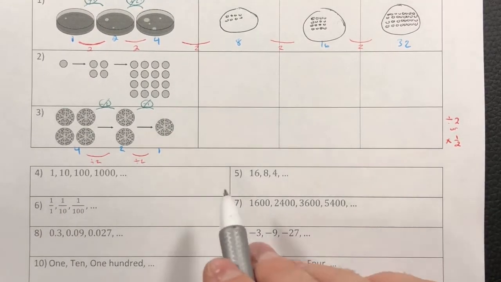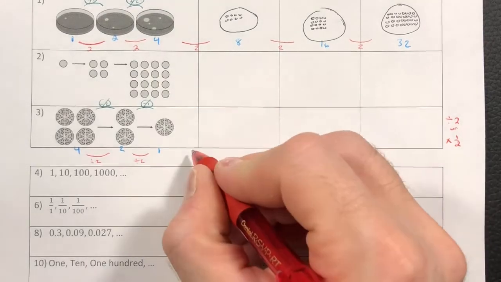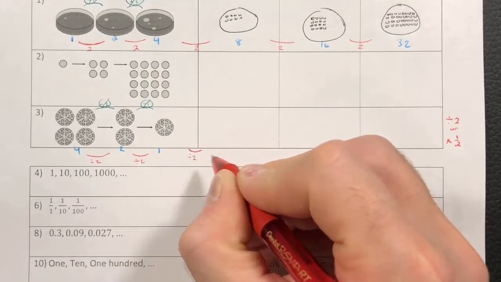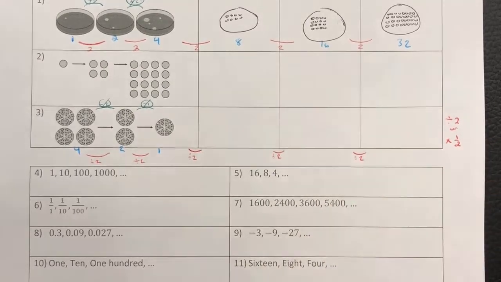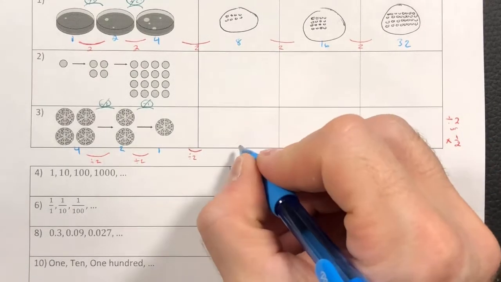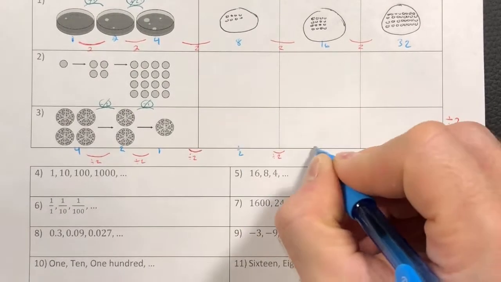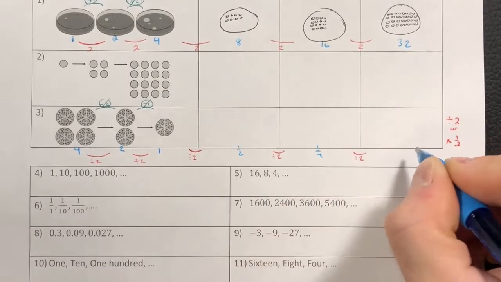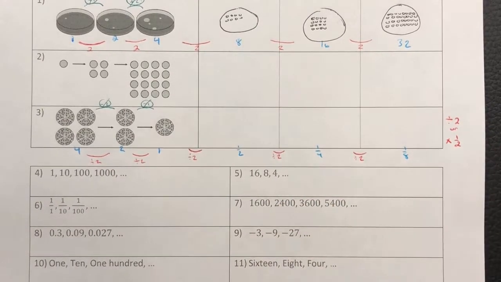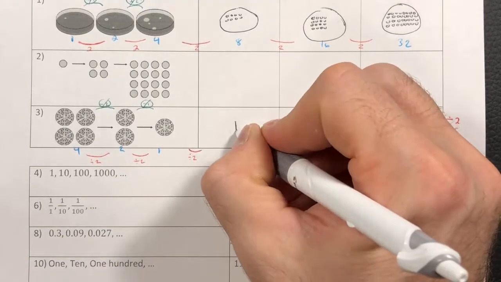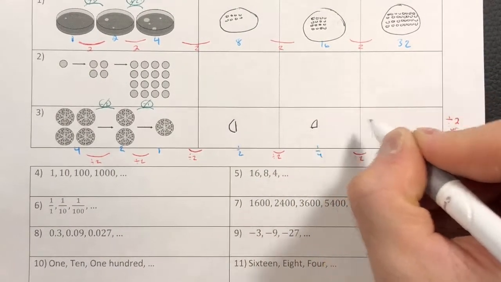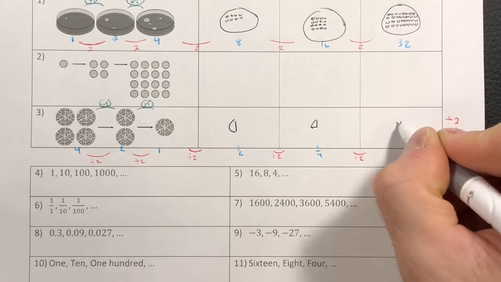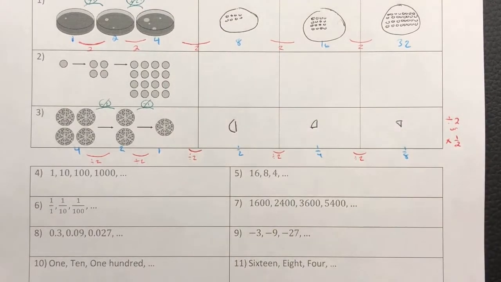So that means in my next sequence, if I continue this, I'm dividing in half again, in half again, and in half again, which is going to lead me to here being 1/2. Half of a half is a 4th, and half of a 4th is an 1/8, which means I'm going to have 1/2 of a pizza. I'm going to have 1/4 of a pizza. I'm going to have 1/8 of a pizza. We notice the pizza steadily gets smaller and smaller.